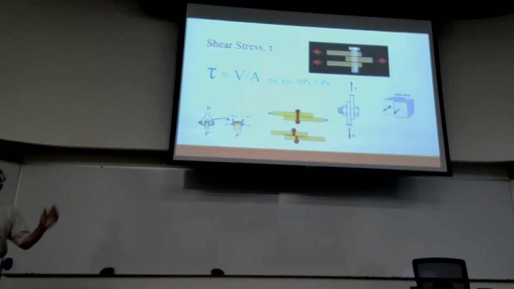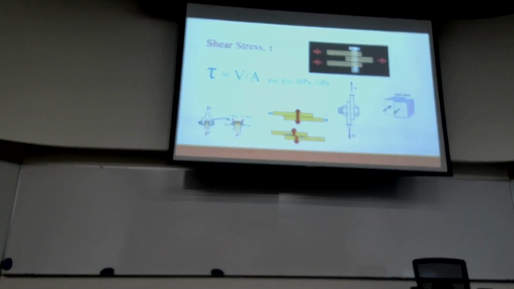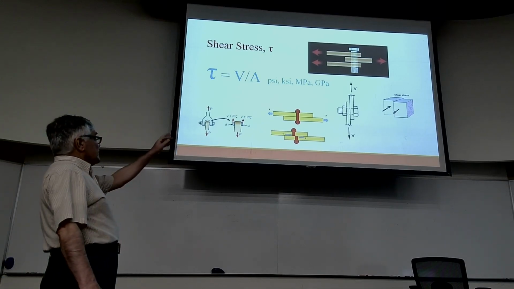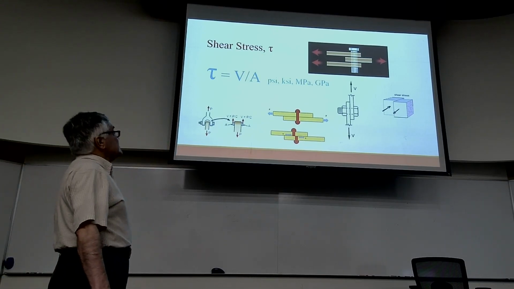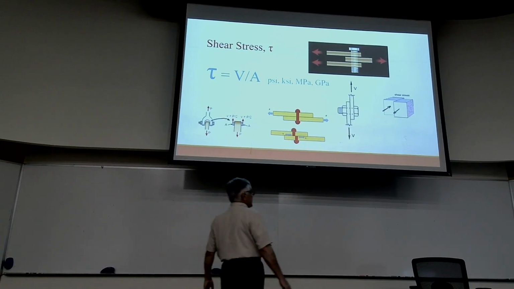Well, this is the last section to be covered today, followed by a couple of examples. We talked about shear stress last week, and you saw similar figures to these plates connected through a rivet.